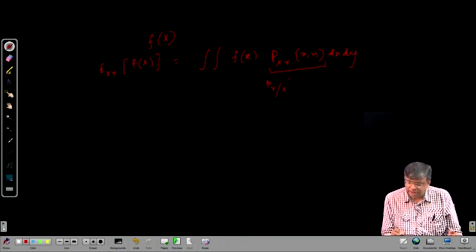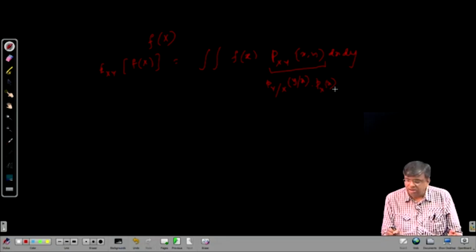So, p y by x, small y by x, and if that be, then I have to multiply it by p capital X small x, y by x and x, that is first y is free, x is constraint, then probability density, conditional density, and then this is multiplied by the probability density itself of capital X only.